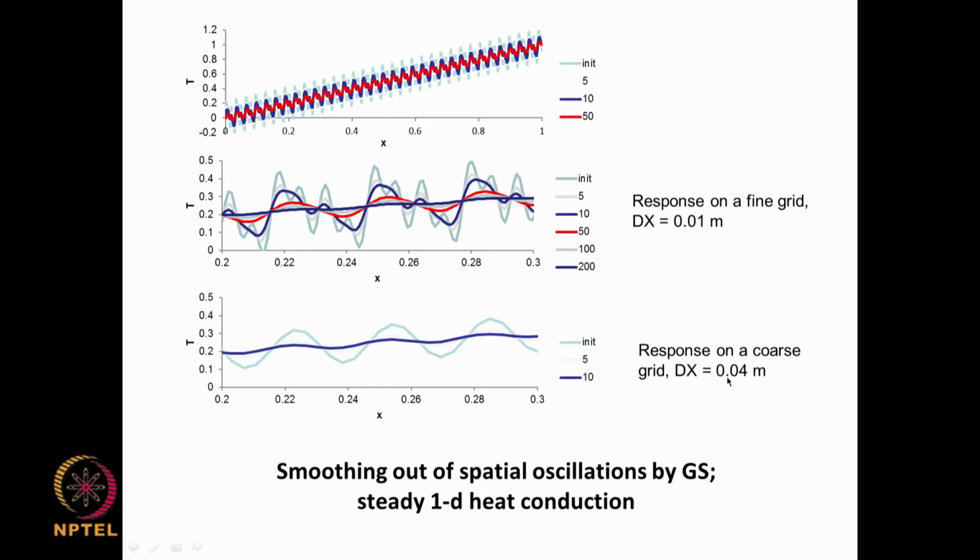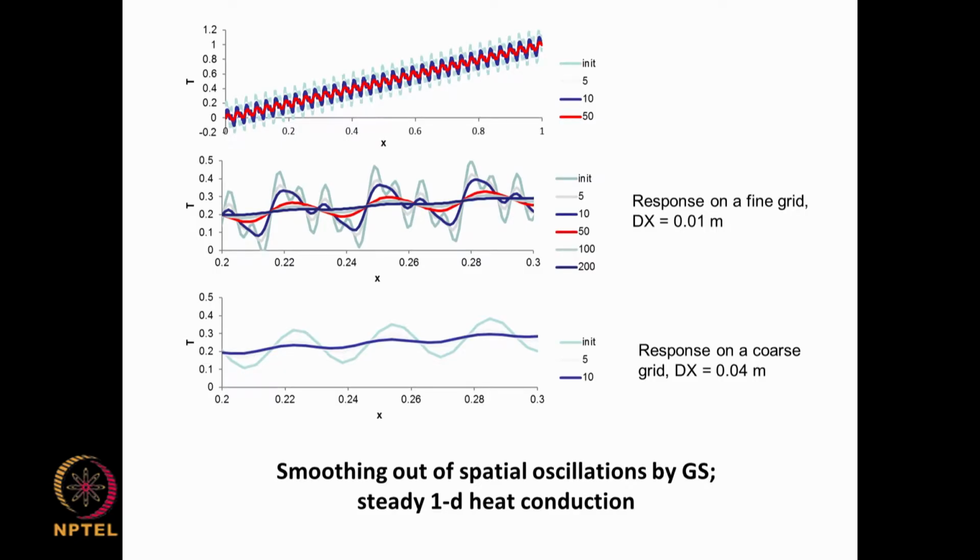So that means that a scheme like Gauss-Seidel can reduce the error associated with short wavelengths very efficiently, and at the same time it is very inefficient in dealing with large wavelength errors. Okay. And what are these wavelength errors?